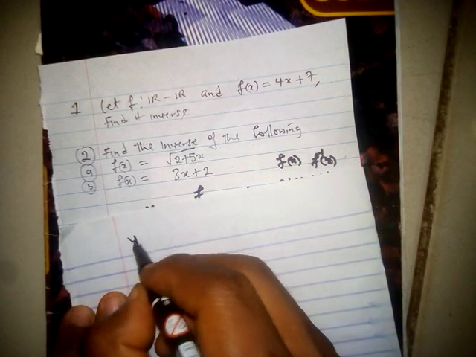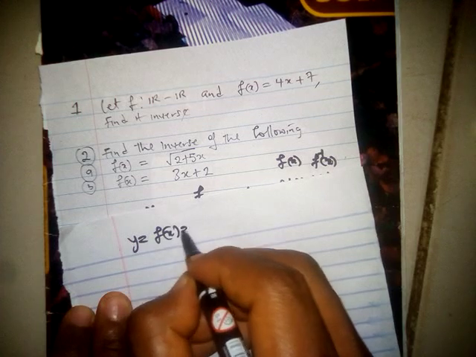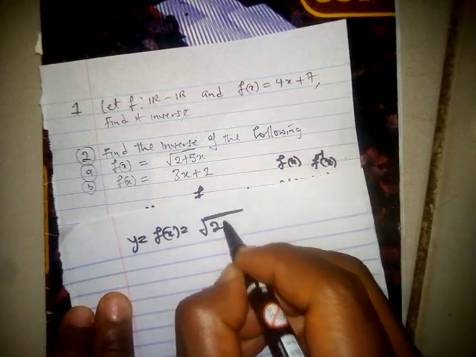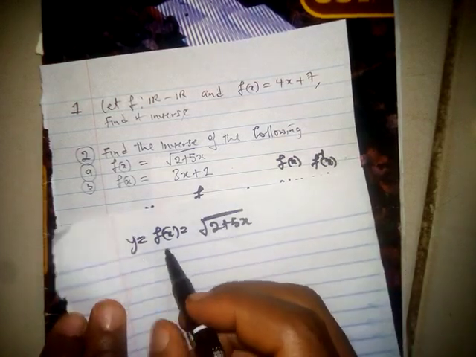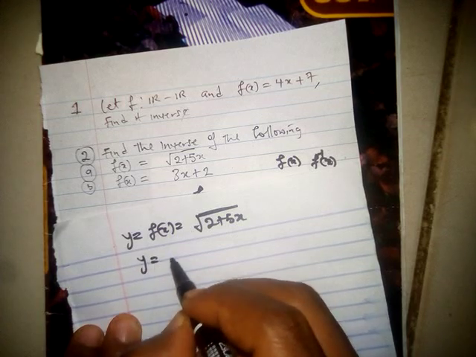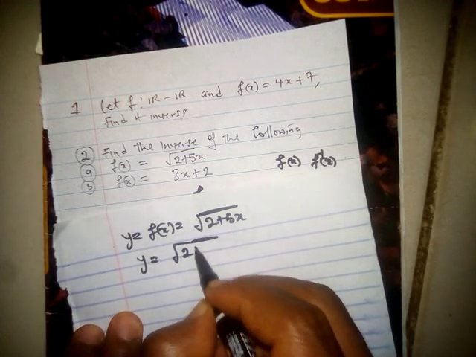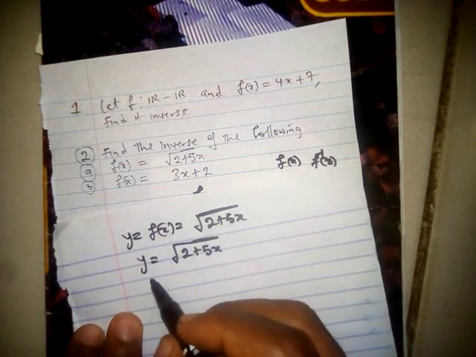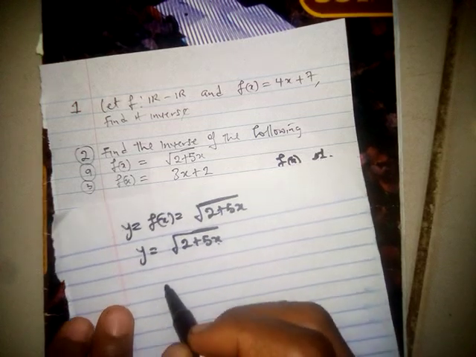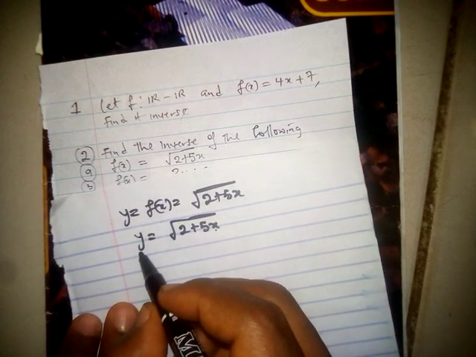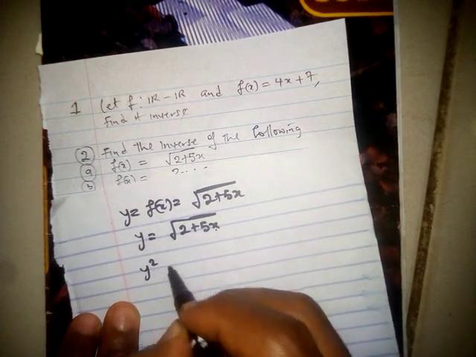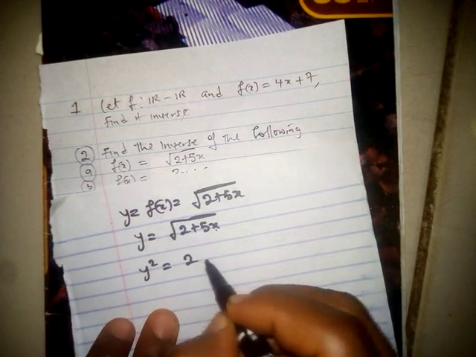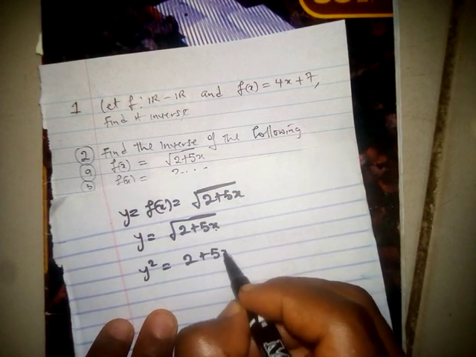So y equals f of x is equal to the square root of 2 plus 5x. Remember, I want to make x the subject of the formula, so the first thing I'll do is to square both sides. So I have y squared is equal to 2 plus 5x.